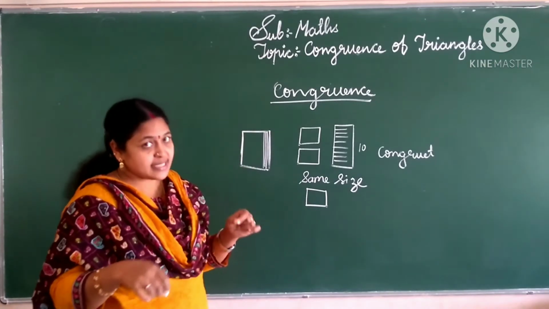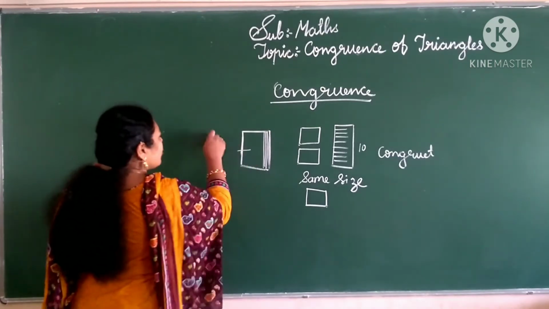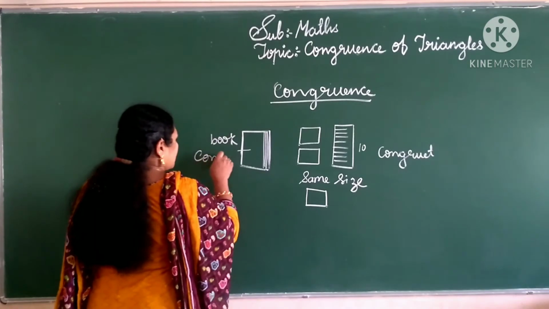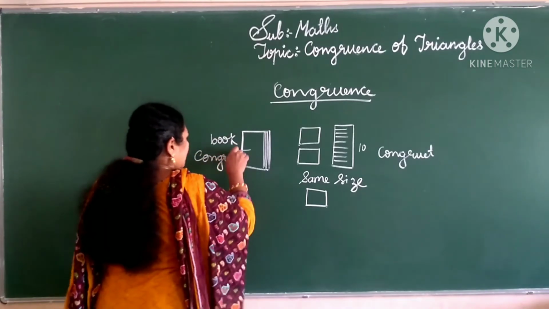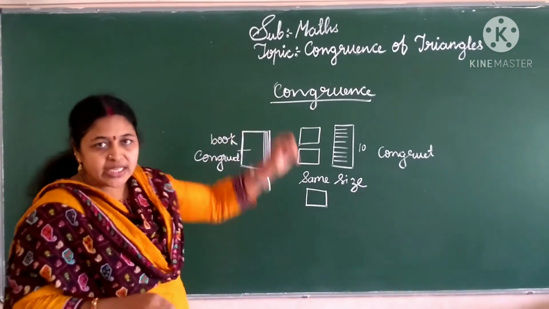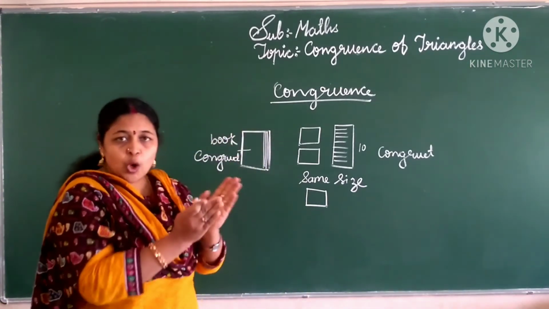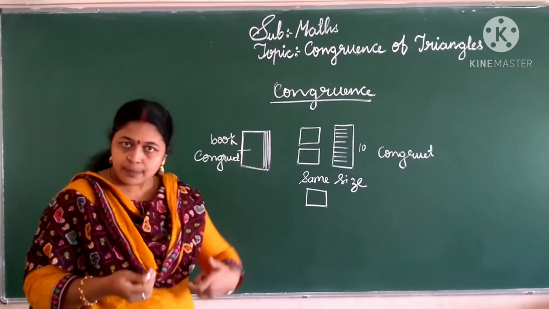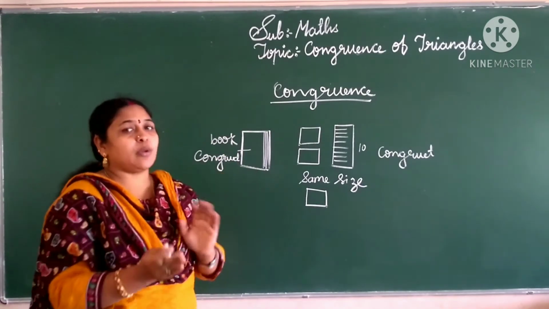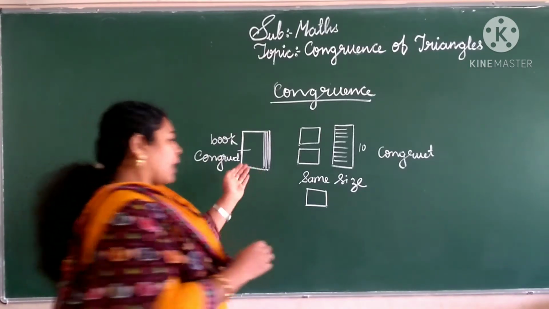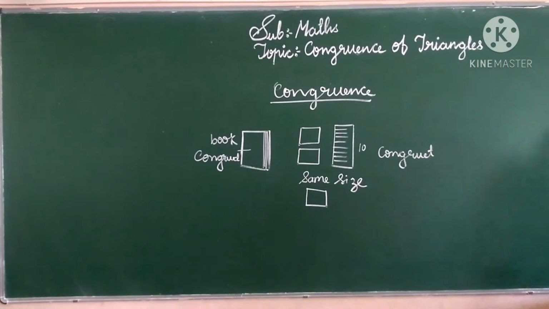That means the papers are congruent. Now we would have got a small idea of what congruent is. Two objects of the same thickness, same length and same breadth are called congruent to each other.